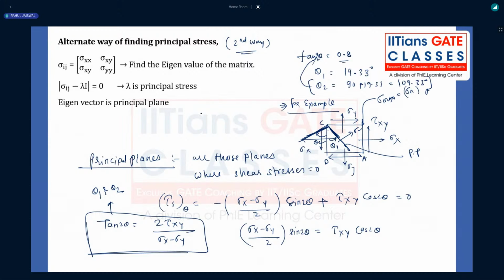And of course, one more thing. If you are getting a positive value, that means both are anti-clockwise directions. Now, here I'm repeating once again, whatever the tan 2 theta is there, whether this formula is clear, from where we are getting the formulas?